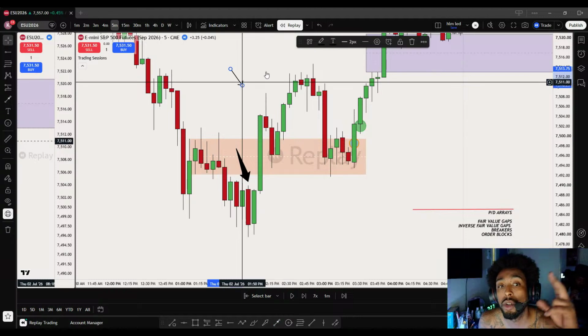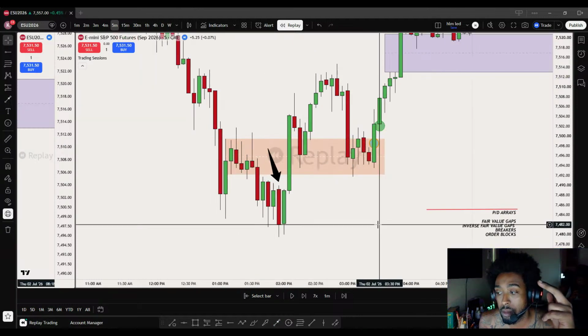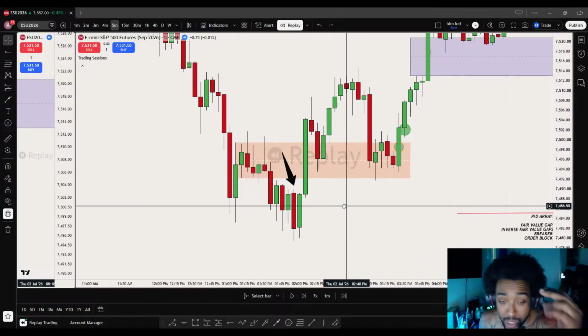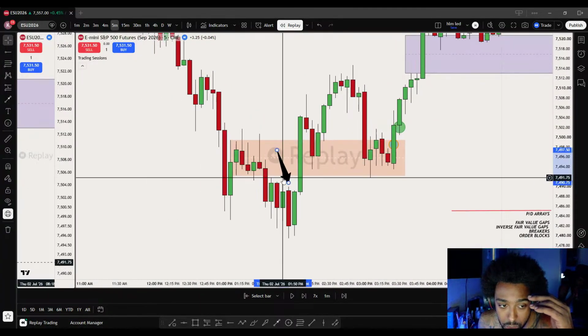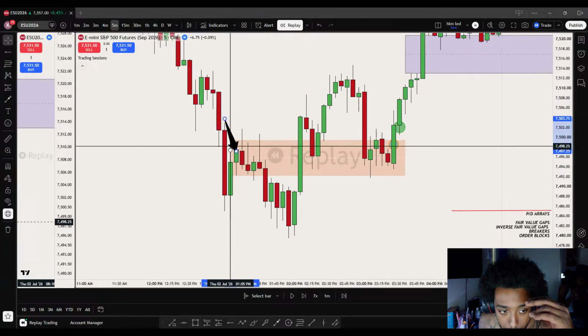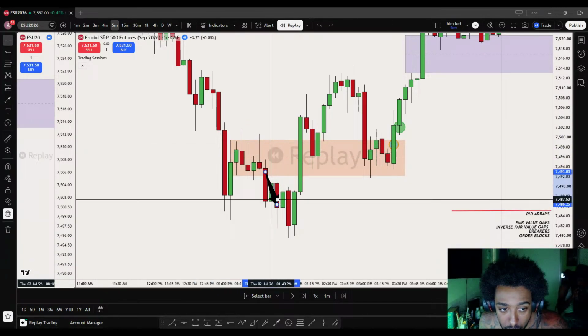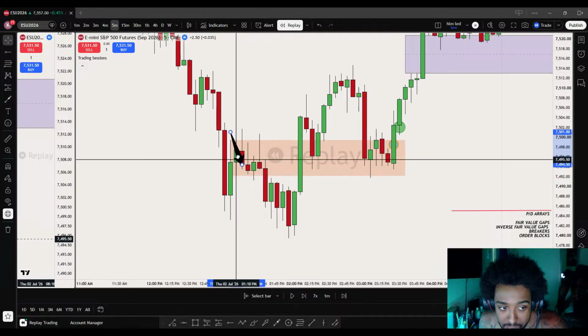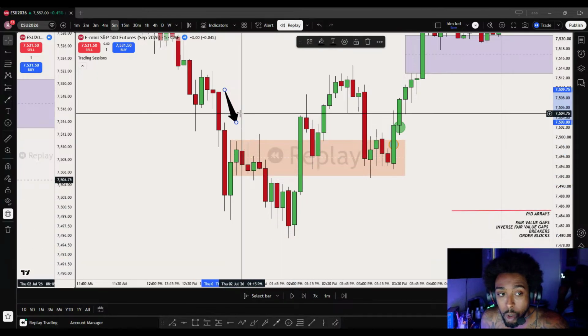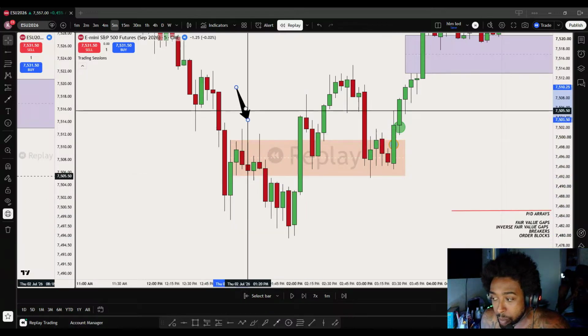Now the key is, how do you use them? That's the key: how to use the order blocks. Remember, an order block is when you have a bearish candle that closes above. On the higher time frame, all of these, 1, 2, 3, 4, 5, 7, 10 candles right here, because it's going down. Remember, if we open high and go low, that means it's bearish.